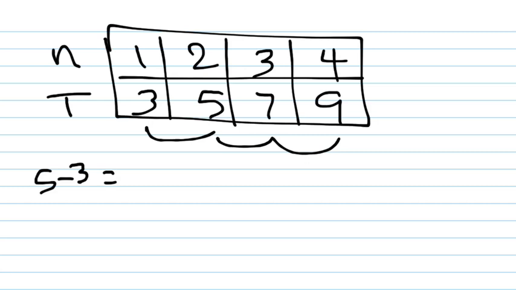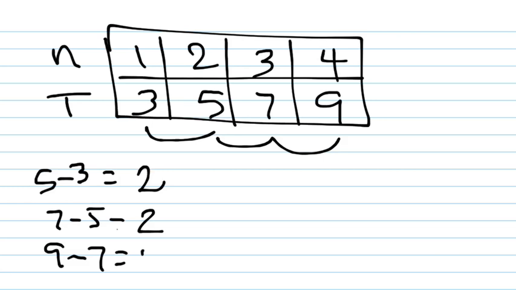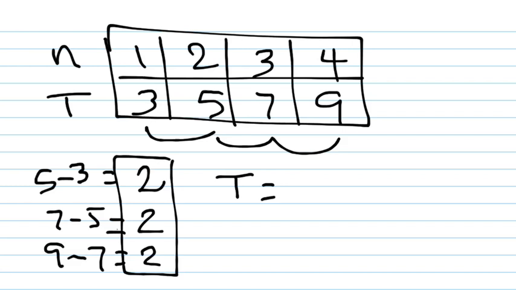So 5 minus 3 is what? 2. 7 minus 5 is what? 2. 9 minus 7 is what? 2. Do I have a common difference? Yes. If I didn't, what that tells me is that this pattern is not linear. But all the ones that you should have are going to be linear. So that gives me the first part of my pattern. It's t equals 2 times n. That's not always going to be 2, by the way.